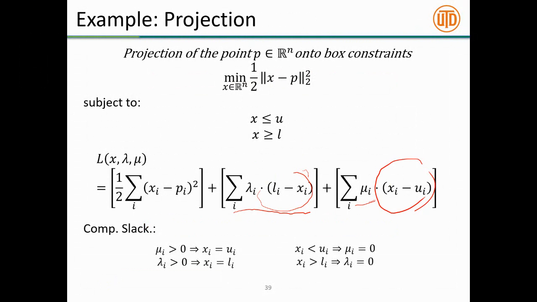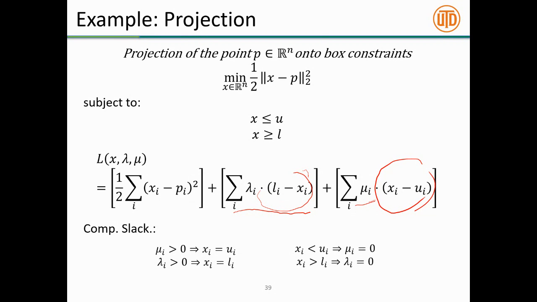What complementary slackness tells us is that either these inequality constraints are met with equality, that is, xi is equal to its upper bound or xi is equal to its lower bound, or the corresponding Lagrange multiplier is 0.